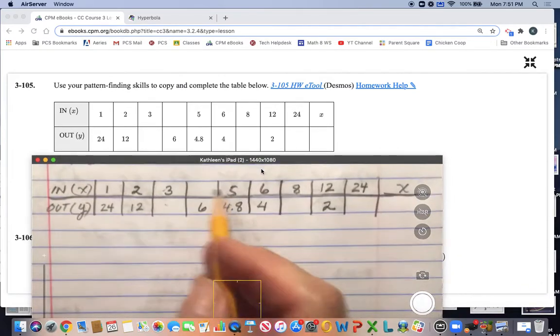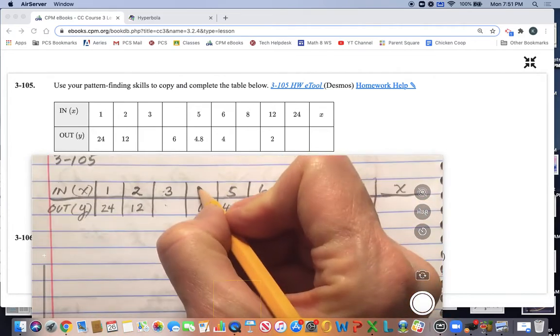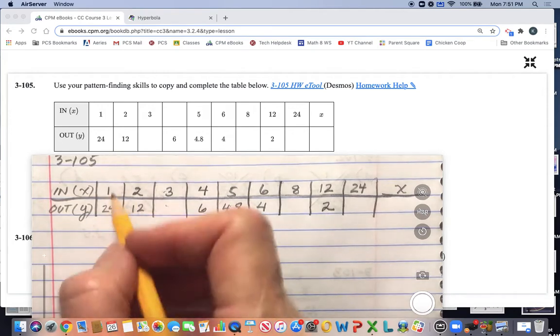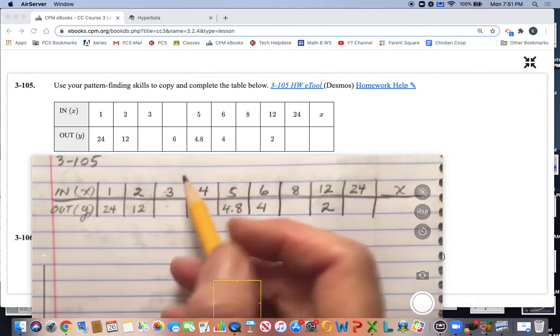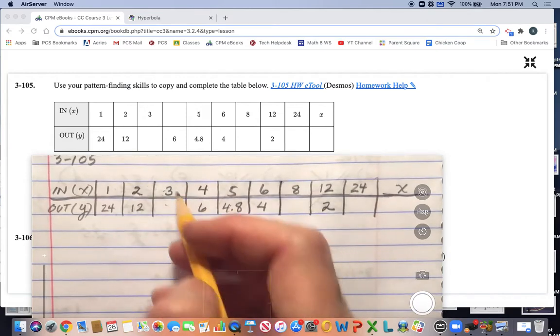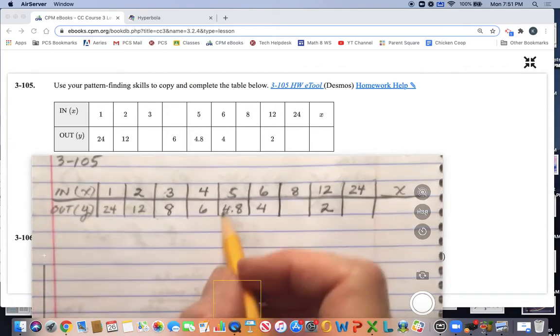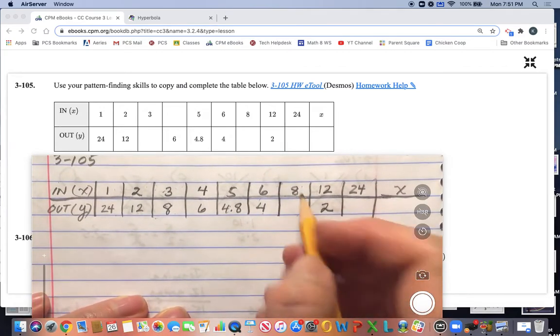So I did know that this was probably 4, because 1, 2, 3, 4, 5, 6. So I put the 4 in. And then I started looking at it that way. 1 times 24 is 24. 2 times 12. 3 times something is 24. That would be 8. So I filled that in. And then 8 times 3 is 24.